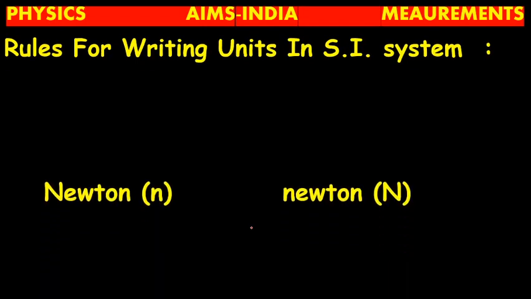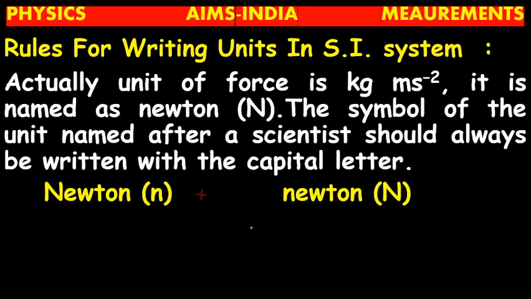Next. Actually, the unit of force is kg meter per second square. But it is named after the scientist called Newton. So the symbol of unit named after a scientist should always be written with the capital letter.